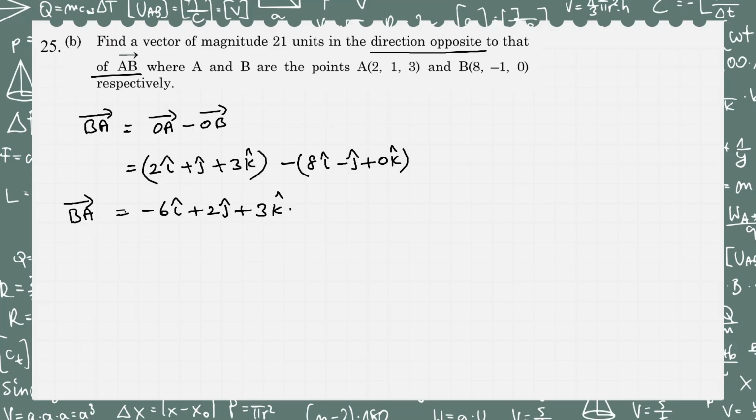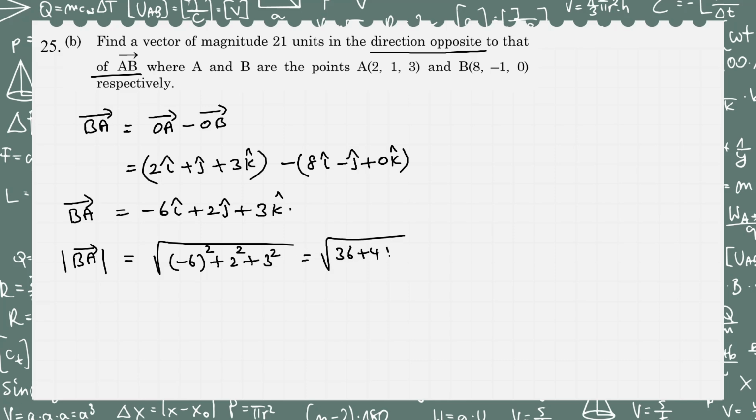Let us find the unit vector in the direction of BA vector. So for that we need the magnitude of BA vector. So magnitude of BA vector is equal to root of minus 6 square plus 2 square plus 3 square, which is root of 36 plus 4 plus 9, which is 40 plus 9, 49, which is 7.